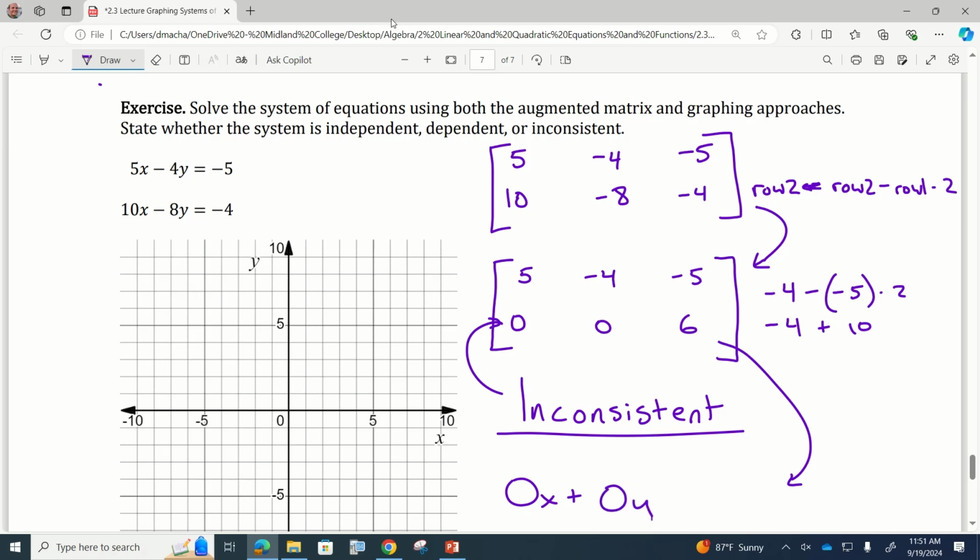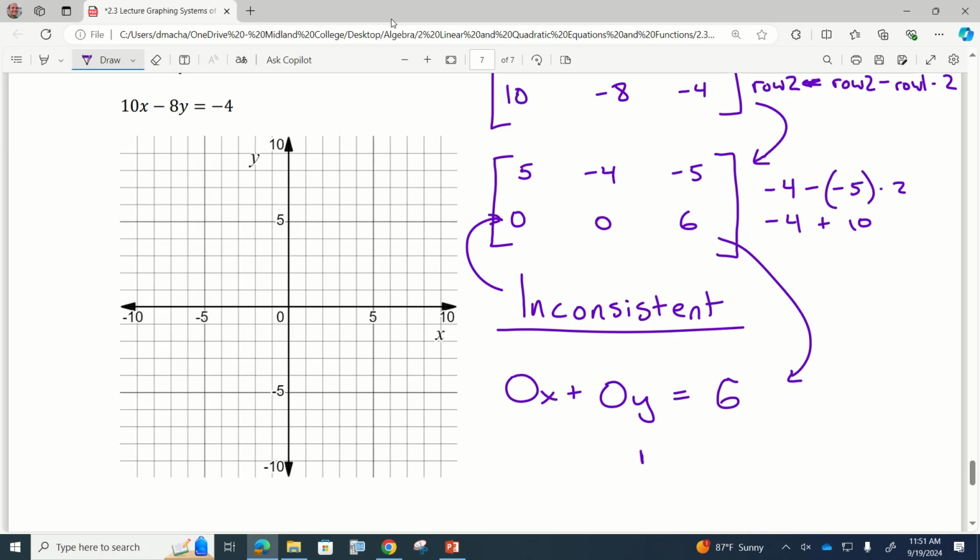That row is trying to tell you 0x plus 0y equals 6. But there are no solutions to this equation. There's no values of x and y you can possibly choose to make that work. So as we call this inconsistent, we say there are no solutions.